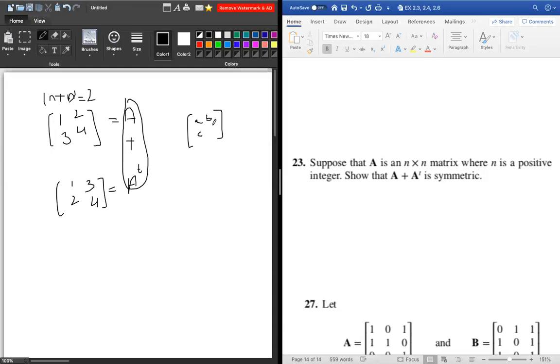It should be symmetric, so the other one should be a, b, c, d over here as well.